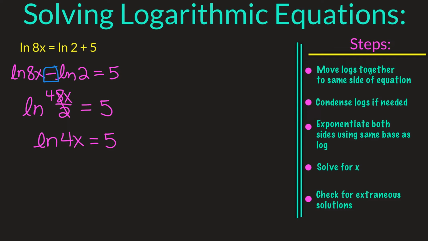Since you have a single log, you want to exponentiate both sides. The base of a natural log is e, so we're going to do e to the ln 4x equals e to the 5th. So the e and the ln will cancel. So we will have 4x equals. Now go ahead and do e to the 5th on your calculator.